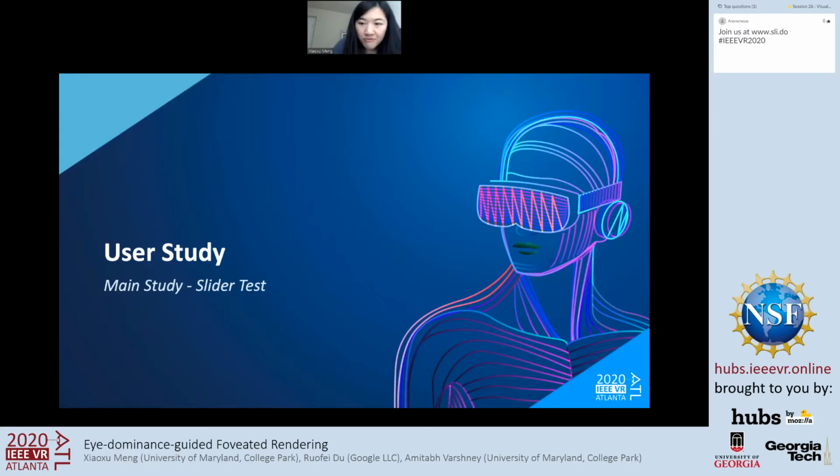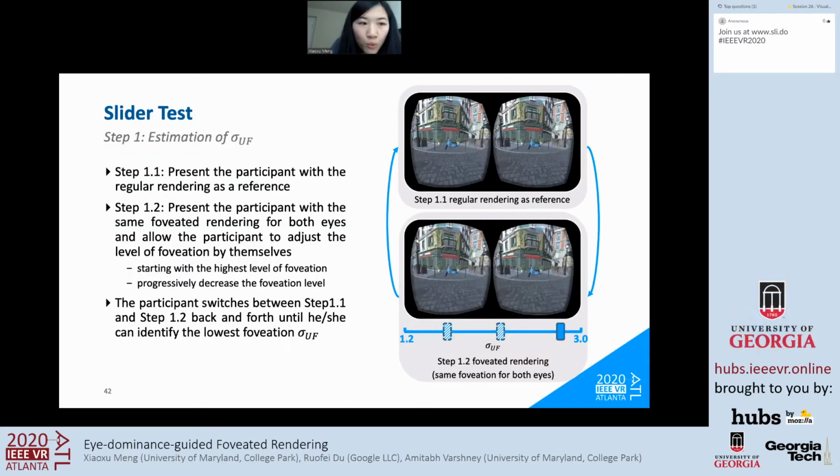of the slider test. In step 1, we allow the participants to adjust the level of foveation by themselves. He or she can also switch between the full resolution reference and the foveated frame back and forth until he can identify the lowest foveation sigma UF.